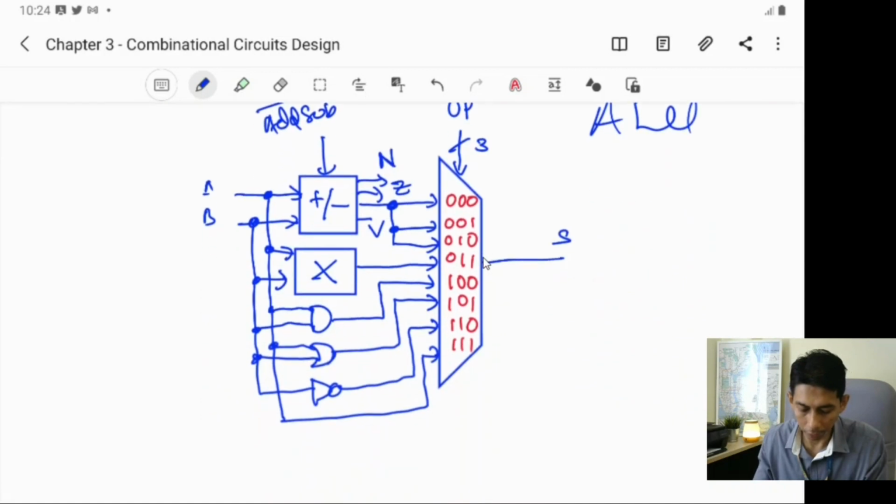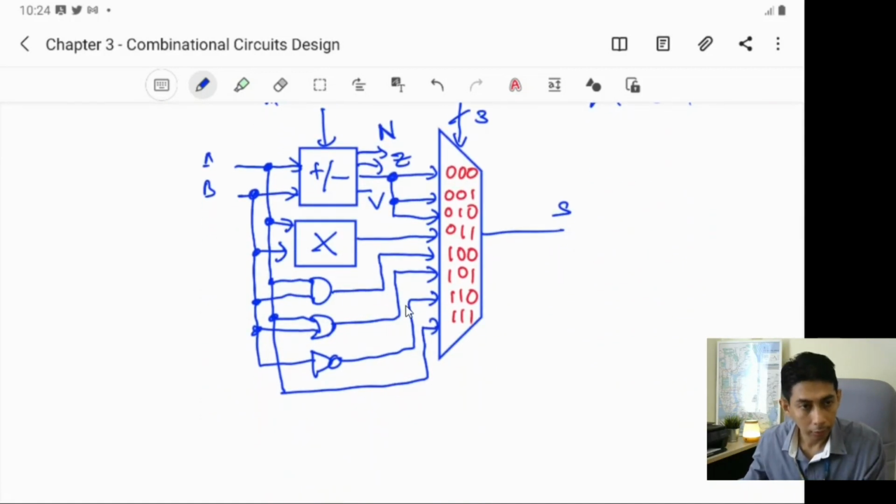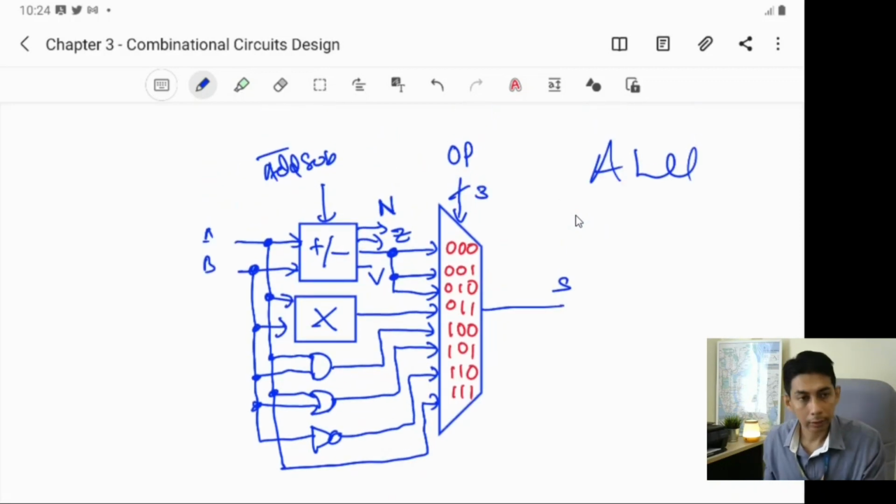And for 1 0 1, you get the output from the OR, and here you get the output from the NOT, and the last one you get the output from A, right? Because pass A just sends A to S. All right. So that is the idea of the ALU.